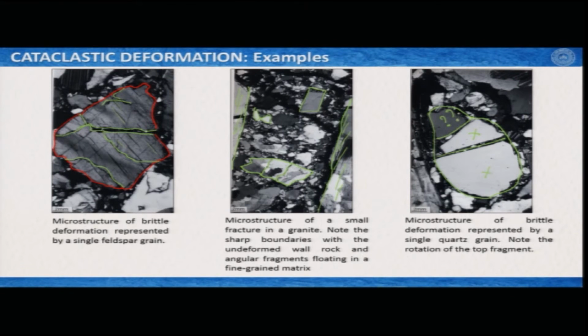So, you can ask how do you say that this is a single grain? This can happen: even a single grain after fracturing may show a different color, at least the shades in this case, and this is because the grains may have rotated. Therefore, within a single grain you see a different color because it has rotated, its orientation got changed, and we see a different color. You must have learned this in your optical mineralogy lectures.